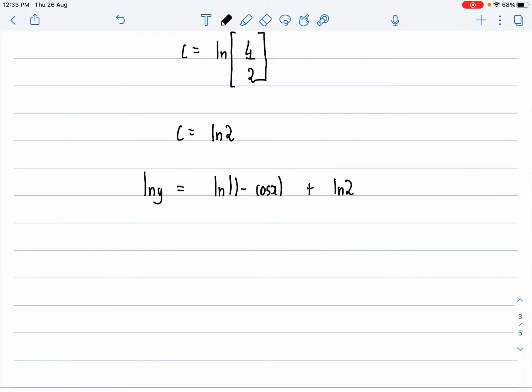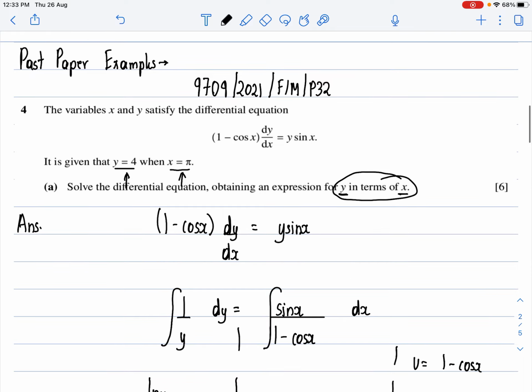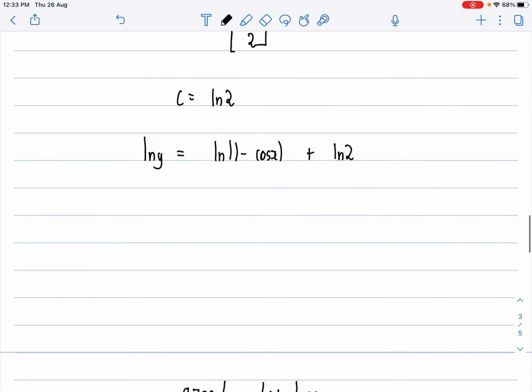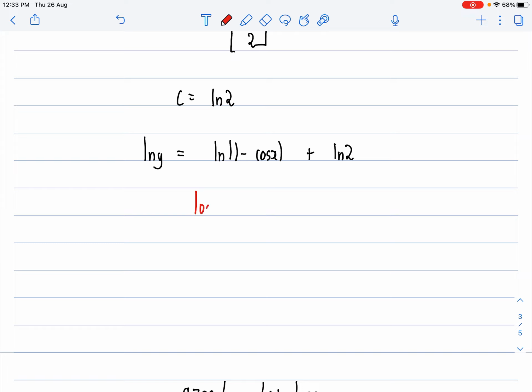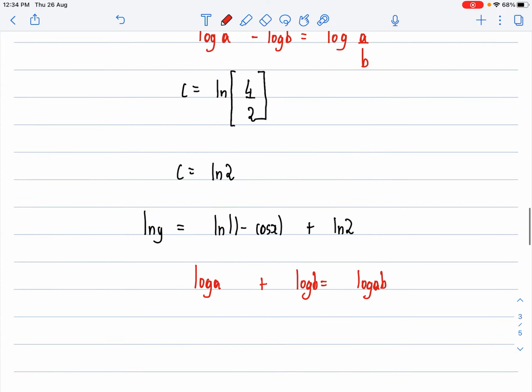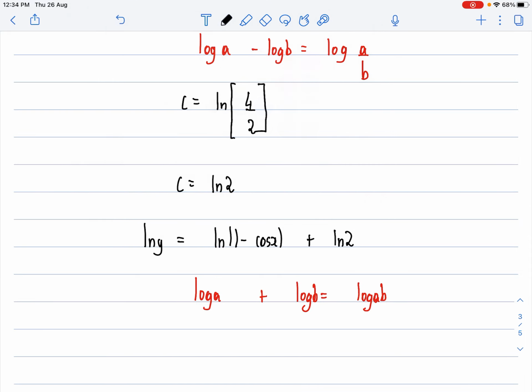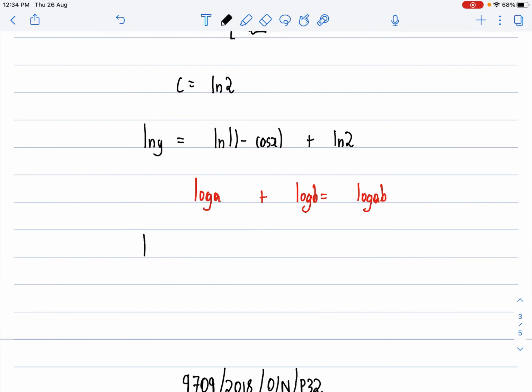Correct? Now I need my y in terms of x. So what I need to do here is use the log property, which states that log a plus log b equals log of a times b. So now I can write this as ln y equals ln(2 into 1 minus cos x).